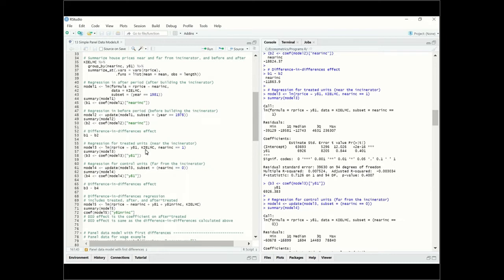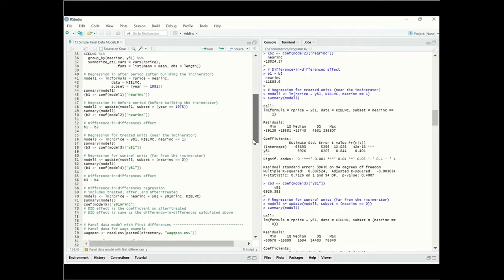Or we can alternatively run the regression for the treated units and the controlled units, and then pick up the coefficients on the after period and subtract those, and we're going to get the same result here for difference in differences. So whichever difference you do first would not matter.